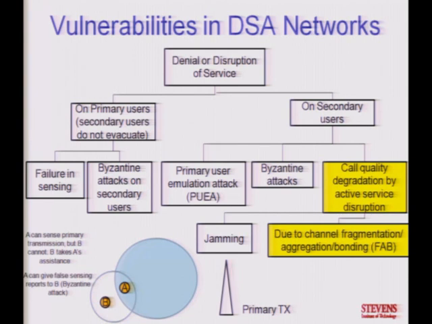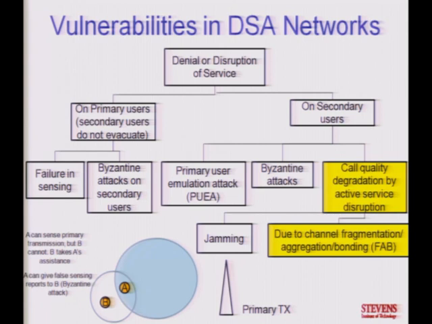The kind of denial or the vulnerabilities here are pretty much either you are denied service or you have a poor service, which is like service disruption. This could happen to primary users or secondary users. Now let's see how it happens to primary users. A primary user suffers if a secondary user doesn't leave when they are supposed to leave.